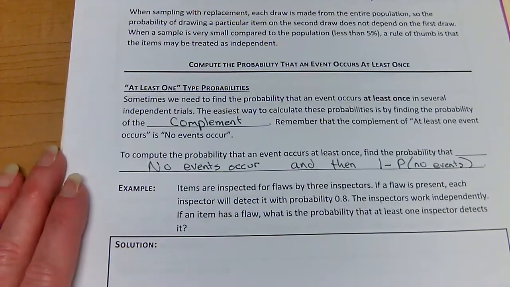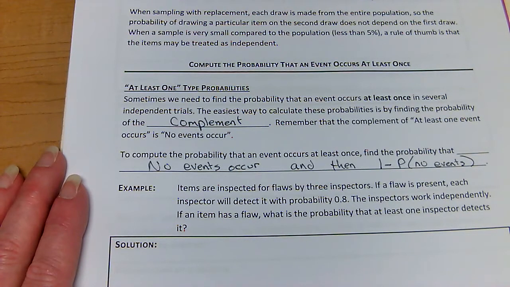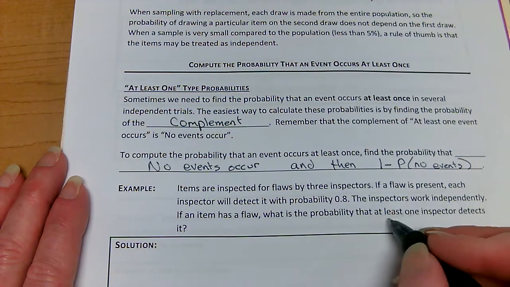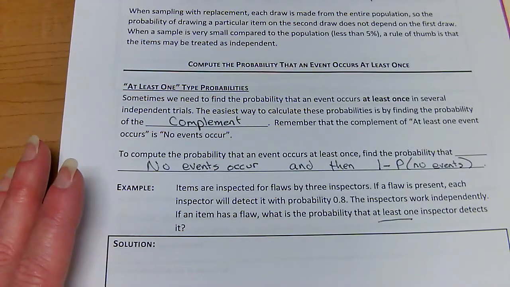So items are inspected for flaws by 3 inspectors. If a flaw is present, each inspector will detect it with a probability of 0.8. The inspectors work independently. If an item has a flaw, what is the probability that at least one inspector detects it? Okay, so I need to think about that.